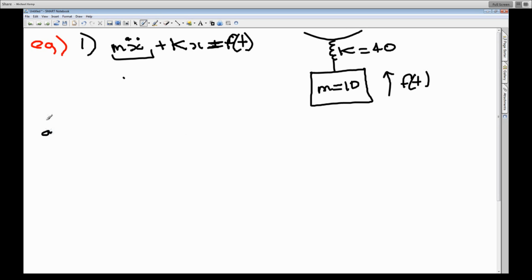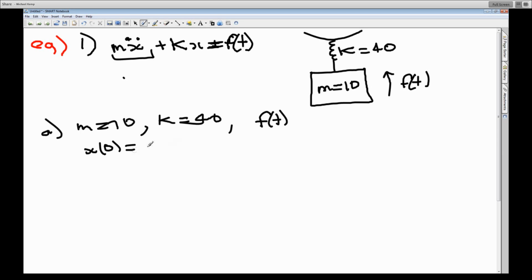So we'll consider this example two different ways. So firstly, let's put some numbers here. So m is 10, k is 40. I've got that already. f(t) is some sort of force. So let's make it a bit easier on ourselves, that the initial position and initial speed of the mass is 0.